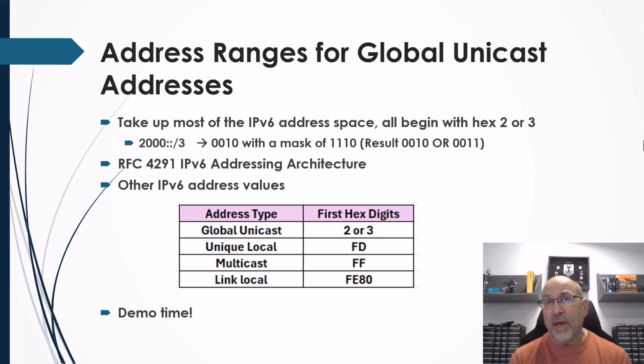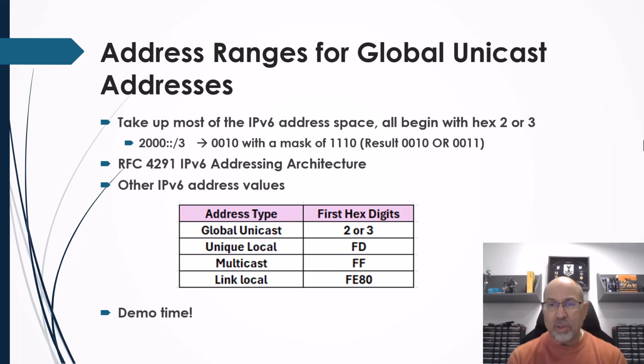Now we already know that IPv6 is outlined in RFC 8200. RFC 4291 has the IPv6 addressing architecture that describes all of the different kinds of addresses that are in use. Other IPv6 address values include, we've already got the global unicast, which is what we're talking about right now.